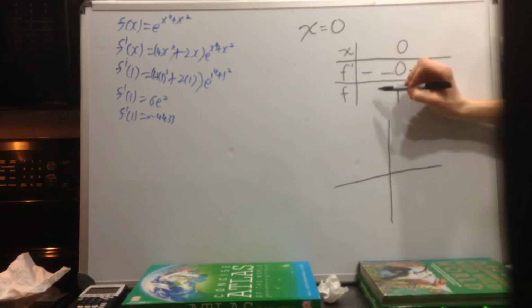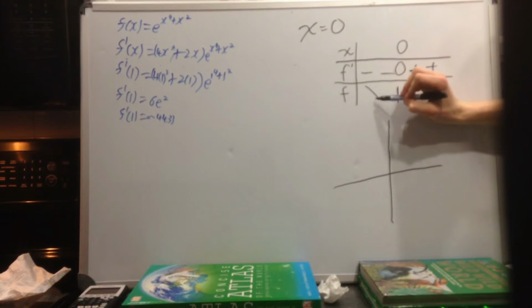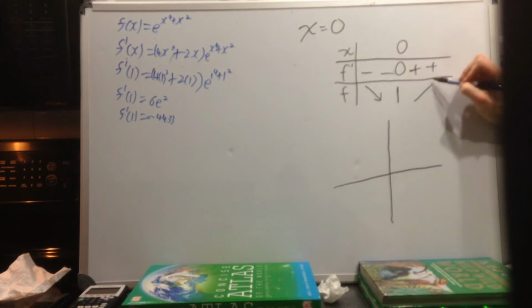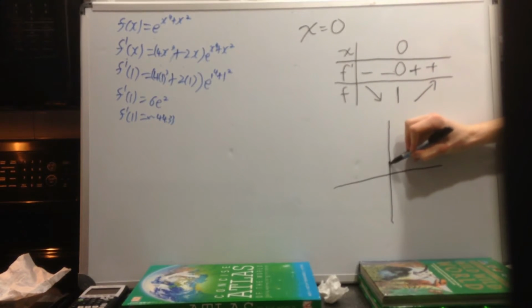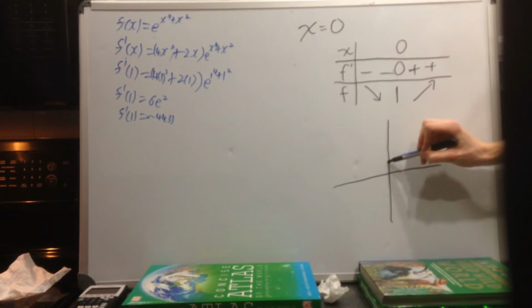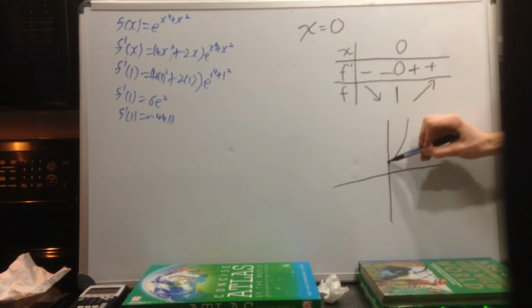From this, we can see that the behavior of f is decreasing and then increasing. So our graph looks something like this. At 1, we'll have a point, and then from here it is increasing, from here it is decreasing.